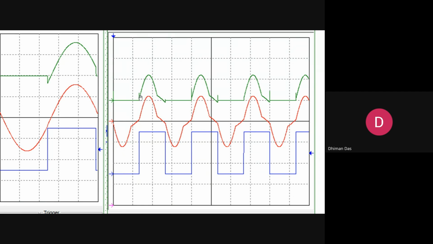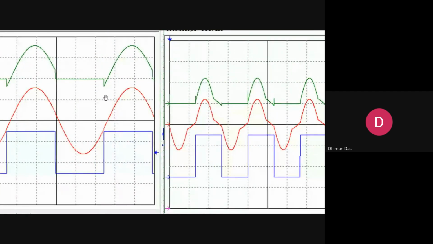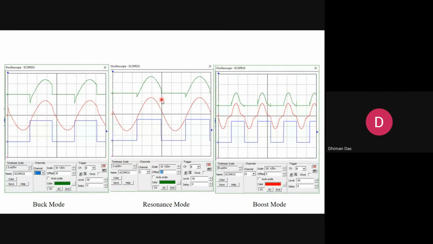Your switch may blow up at this condition. Your parasitic element can destroy your switch because of the ringing here. Your ringing is not damped here, but earlier with this mechanism, we are damping the resonance.